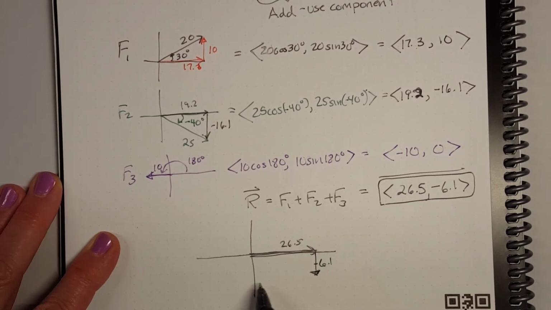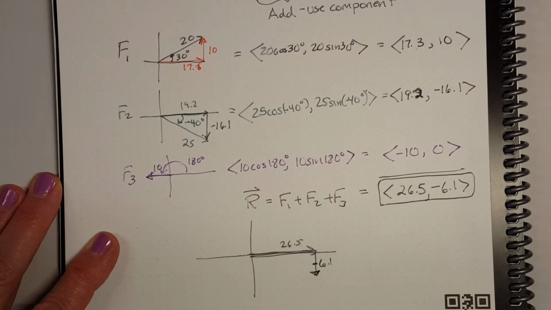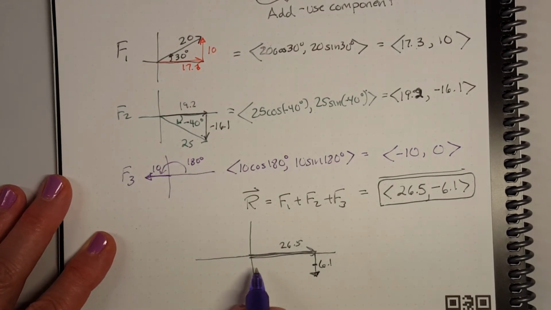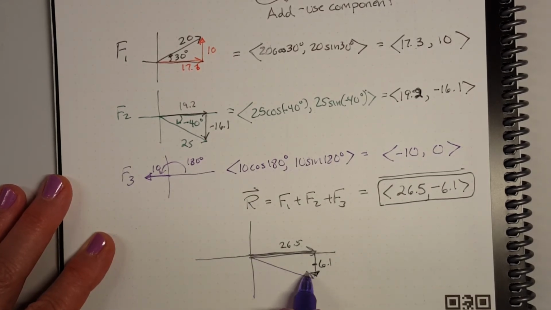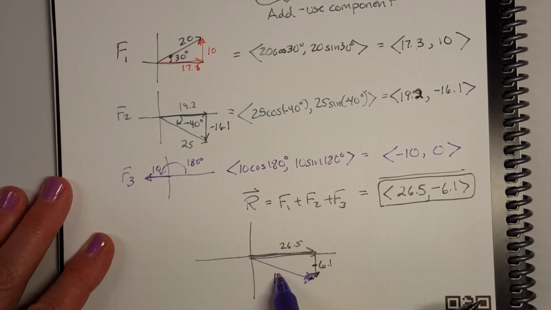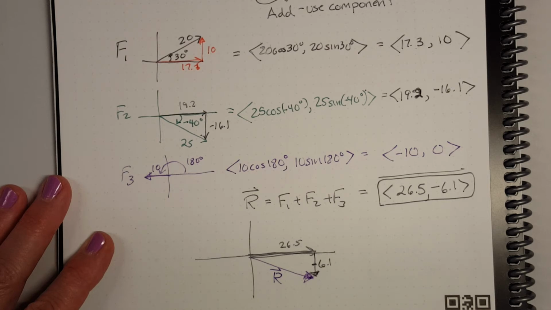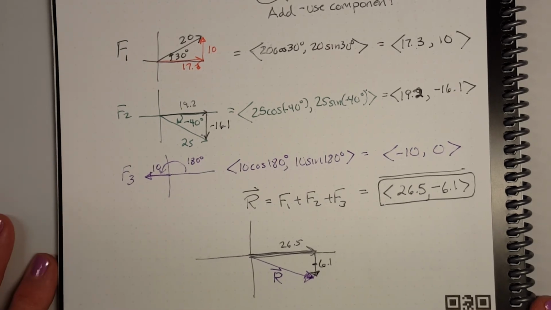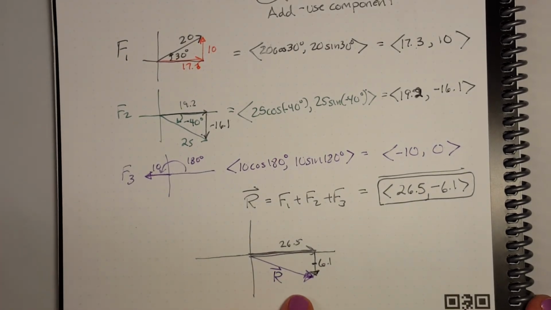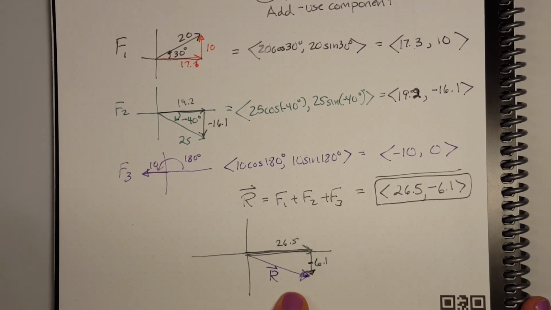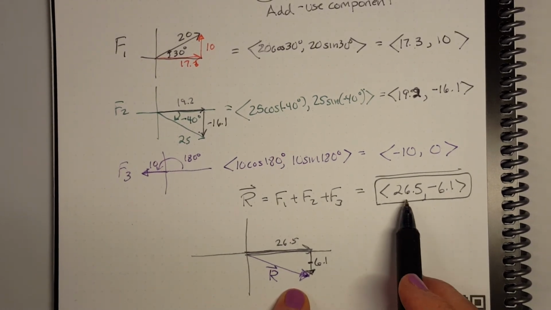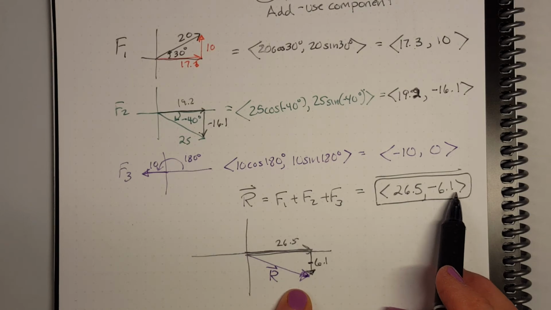And I'll put a negative to mean going down. And so our resultant vector is this. The three of those vectors all combined gives me that one vector. Instead of the three forces acting on the object, this one purple vector would have done the exact same thing. And that one purple vector is 26.5, negative 6.1.